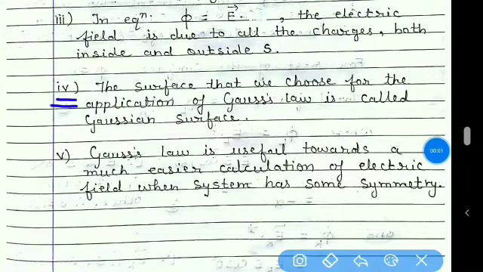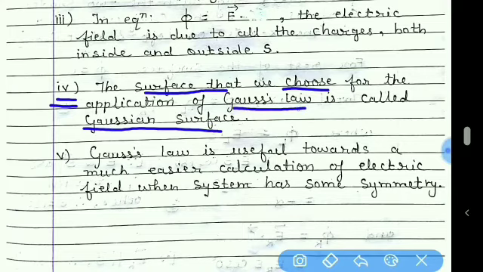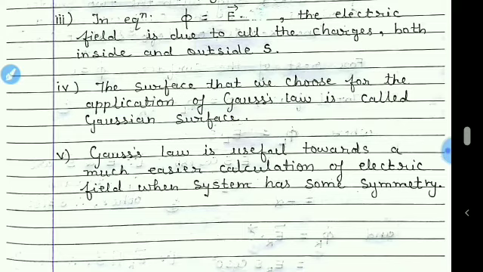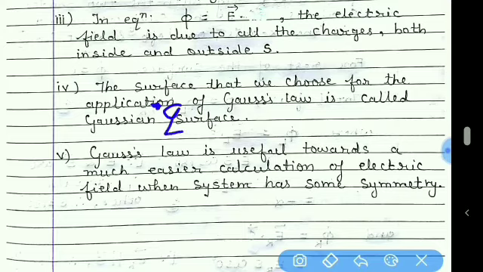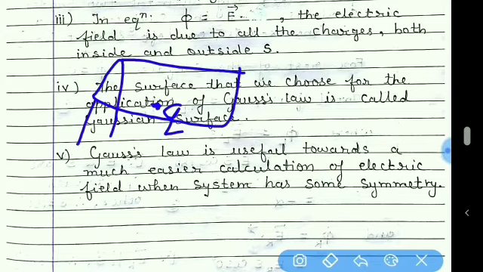Now the fourth point says that the surface that we choose for the application of Gauss law is called the Gaussian surface. Now suppose we take a charge q and we select a closed surface, suppose this is a closed surface like a cube.